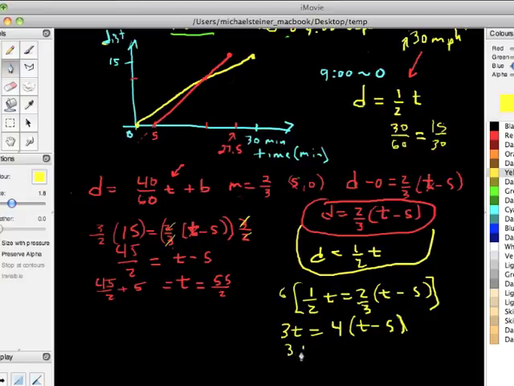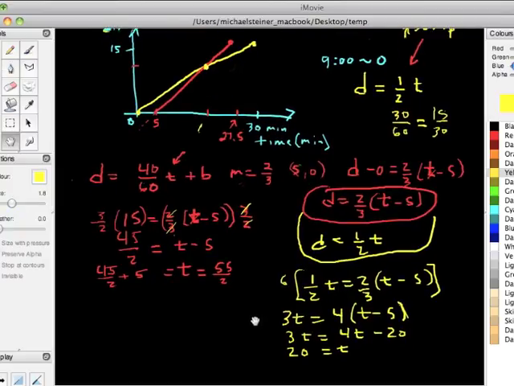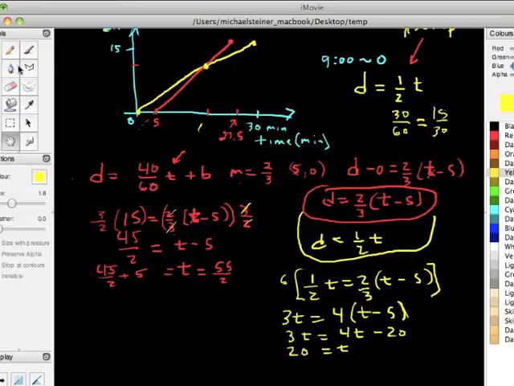So we have 3t is equal to 4t minus 20. And if we subtract 3t from both sides and add 20, you can see that 20 is equal to t. So that's our time right here when they cross each other. And using either of these equations, we can find the distance. Let's go right to this one. This is perfect. At what distance? T equals 20. What's 1/2 of 20? This is a distance of 10. Okay.